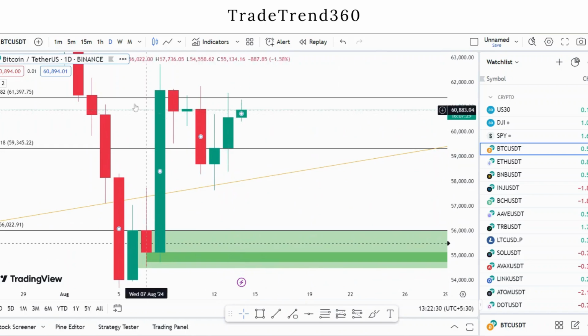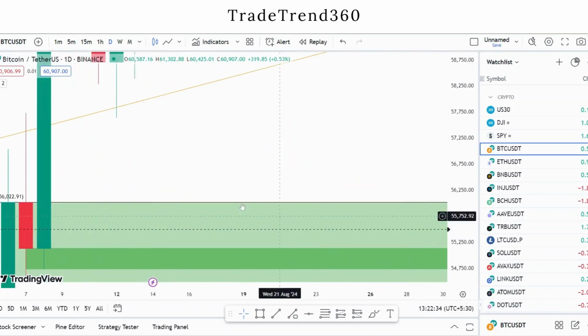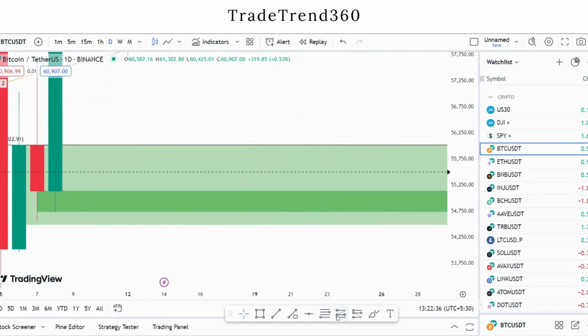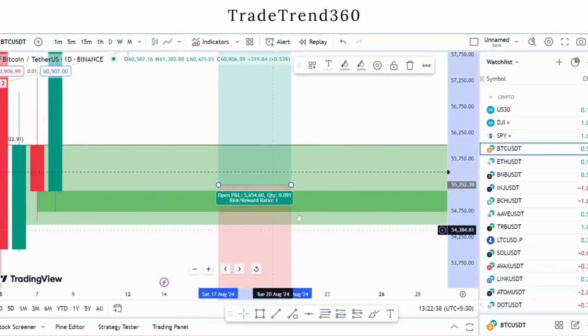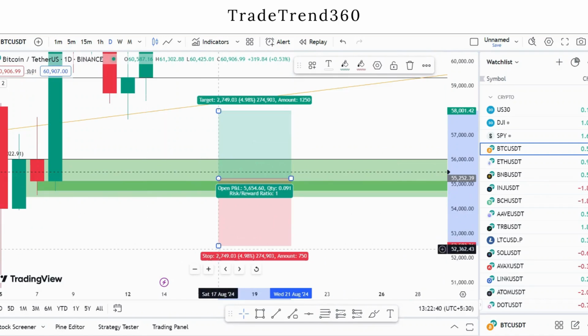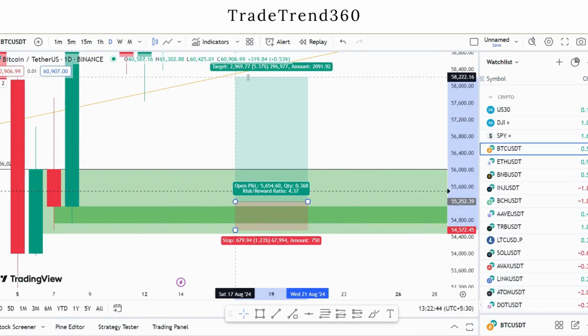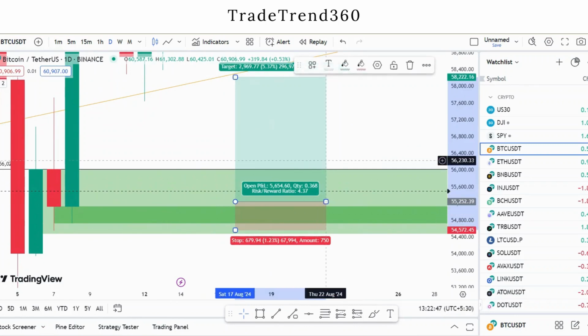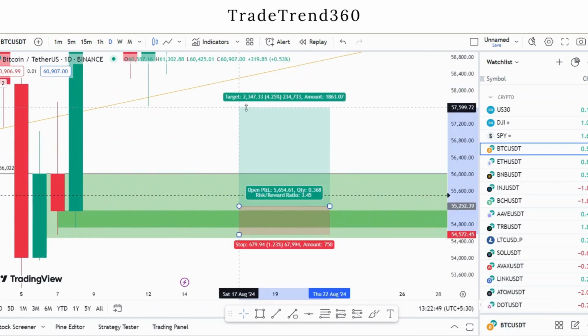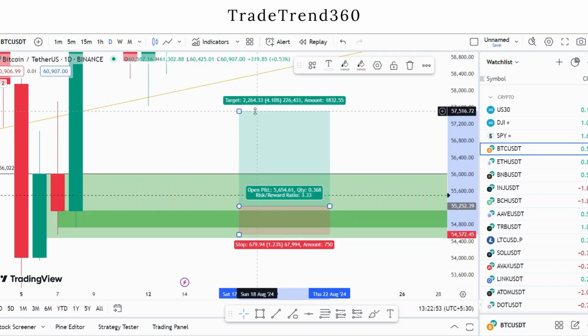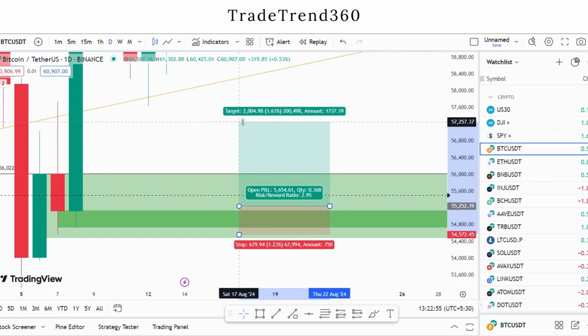When the price of BTC USDT falls into this zone, we should take the trade by considering some buffer, and we'll place our trade here, making sure that the risk to reward is 1 to 3. The ideal condition for us is to make the risk and reward 1 to 3.